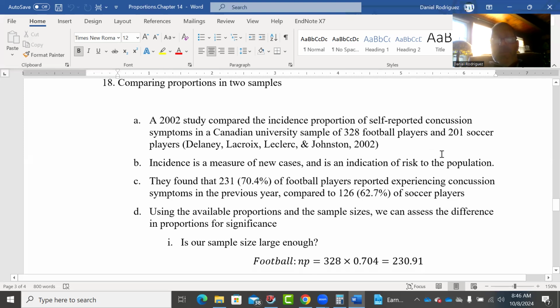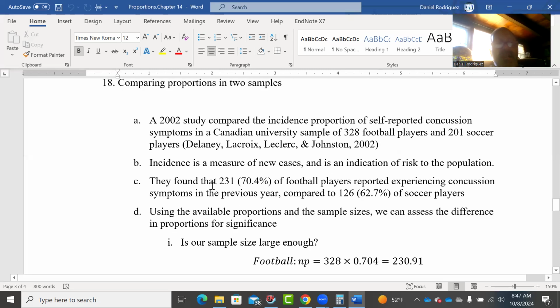So American football, and soccer. FYI, for your information, incidence means new cases, right? That's an epidemiology term, in case you don't know.